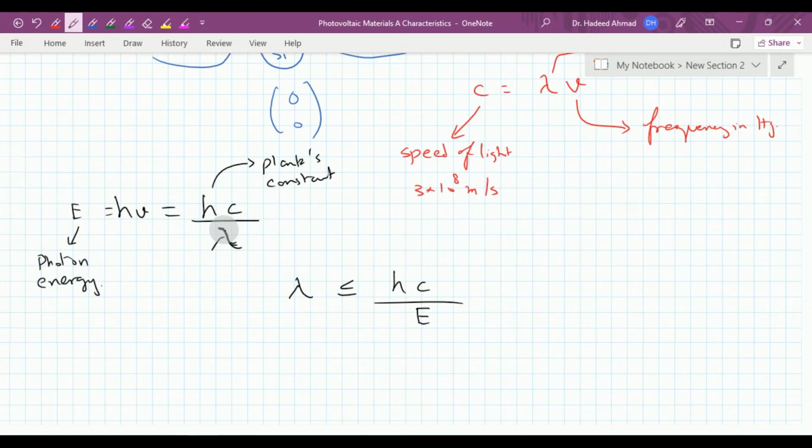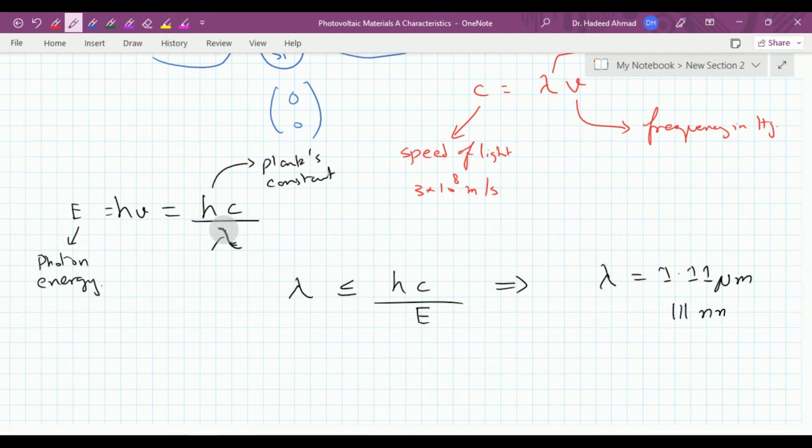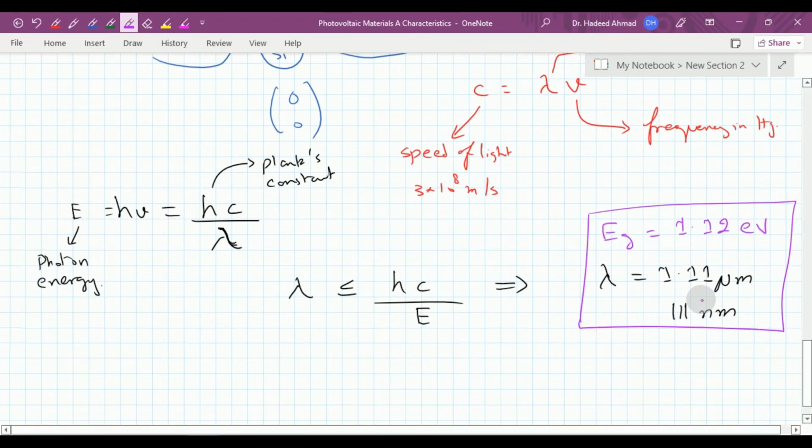So if we plug in the values here, then lambda is equal to 1.11 micrometer, or that is equal to 1110 nanometer. So what we achieved is that this 1.11 micrometer, and this Eg equal to 1.12 electron volt, are actually the same point of interest for us.